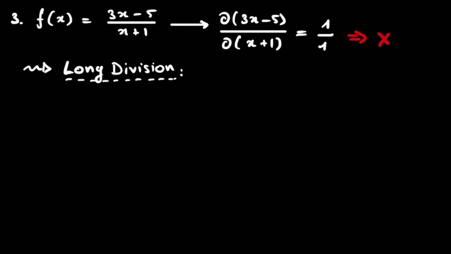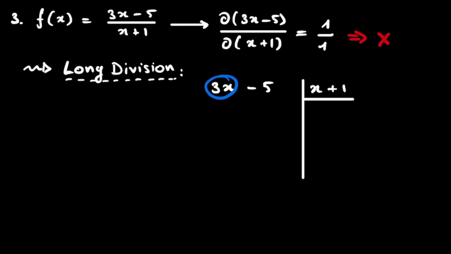So we just perform the long division, dividing 3x minus 5 by x plus 1. And then again, we draw our long division lines and we can start. And again, we divide this 3x by this x right here, and we get, of course, simply 3.